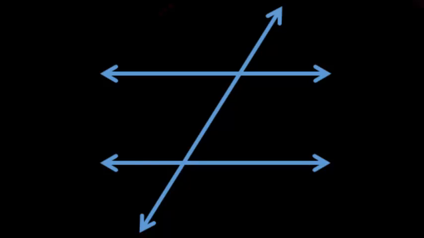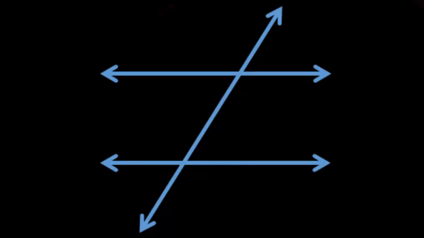Now let's say that before we had these two parallel lines, but all of a sudden we add a third line that is going to intersect the two parallel lines. It's going to cross both of them. Then we're going to have a whole bunch of different angles. We're going to create angles here, here, here, and here, and angles here, here, here, and here.